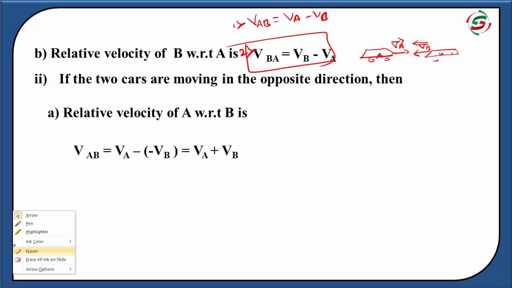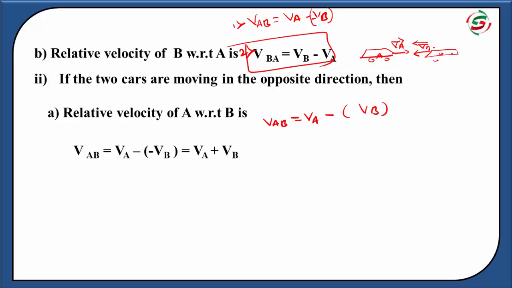This is very simple. Here the actual equation is VAB is equal to VA minus VB, but when the car is moving in the opposite direction, you put the negative symbol here. VAB is equal to VA minus VB.